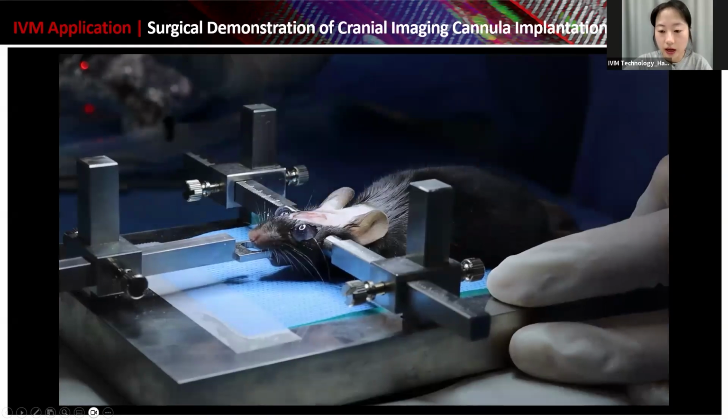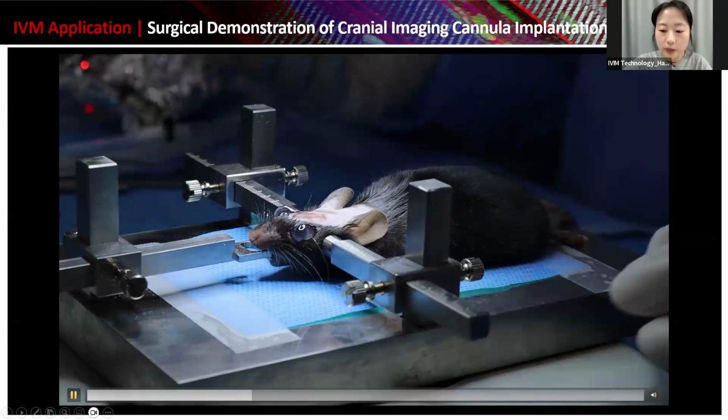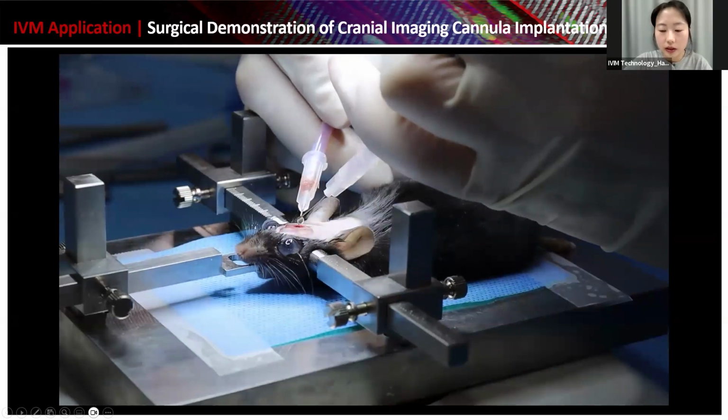the hippocampus in vivo. So the surgical approach begins very similarly to the standard cranial window surgery. After removing the scalp hair and securing the mouse on the surgical stage, we incise the scalp and drill the opening in the skull.